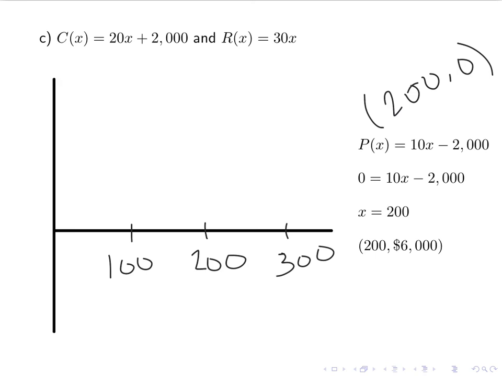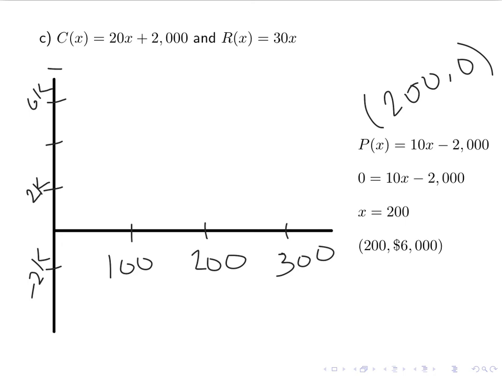So those are all really nice multiples of 2,000, so I'm going to go by 2,000s for my tick marks. It's kind of hard to write here, so I'll try my best. 2k, 6k, negative 2k on the bottom, so each one's going to go by 2,000.